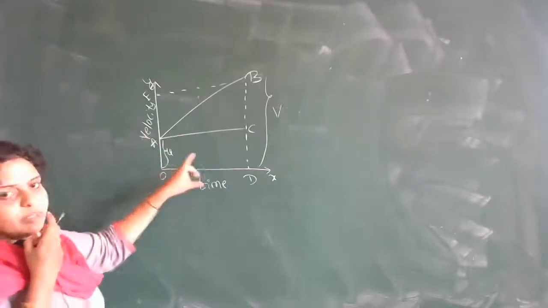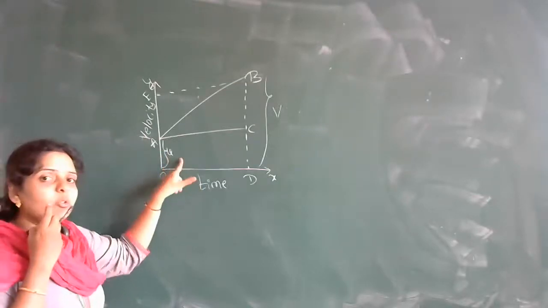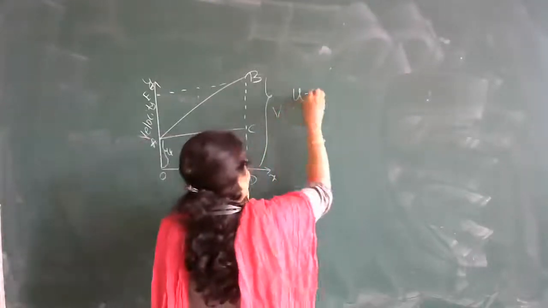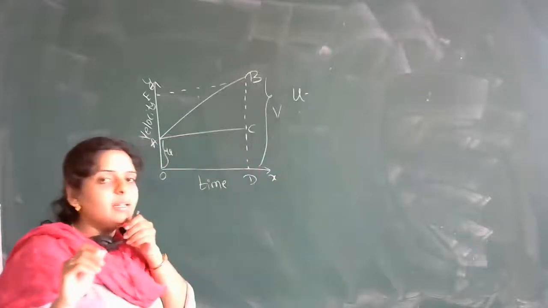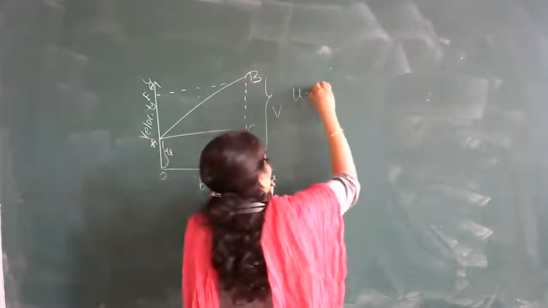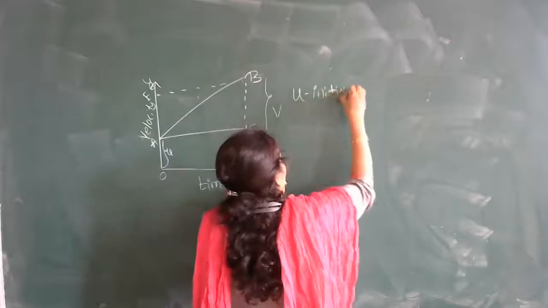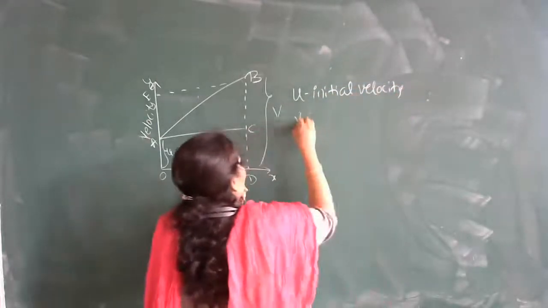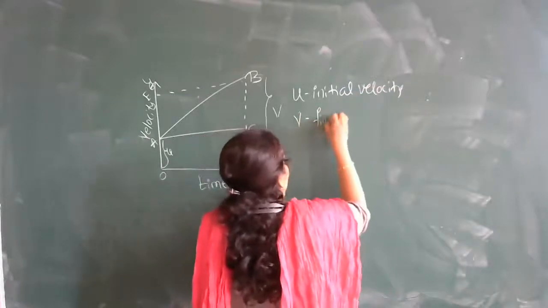So here we will write: let u be the initial velocity of the body, and v be the final velocity of the body.